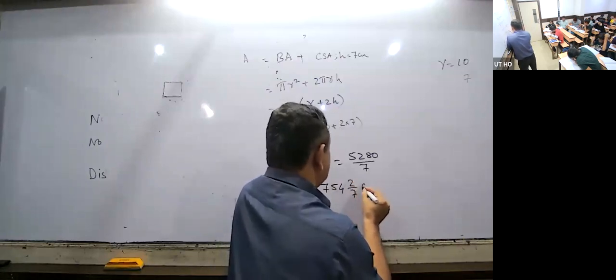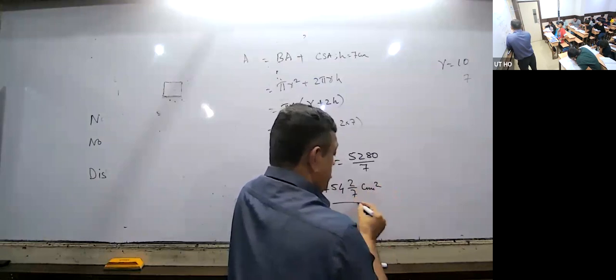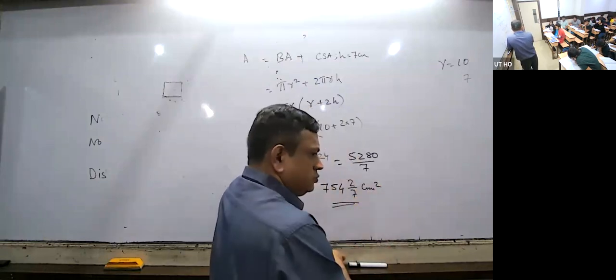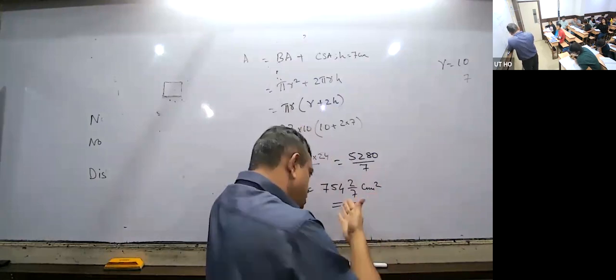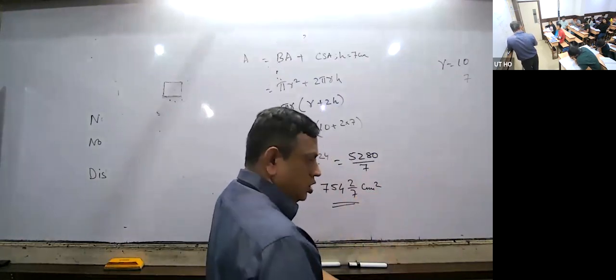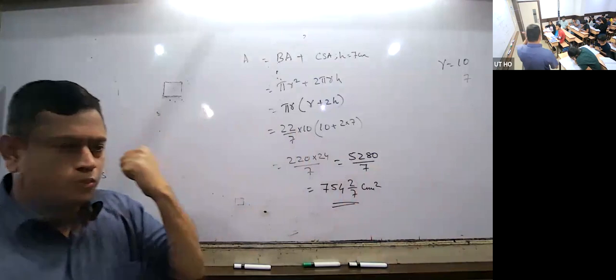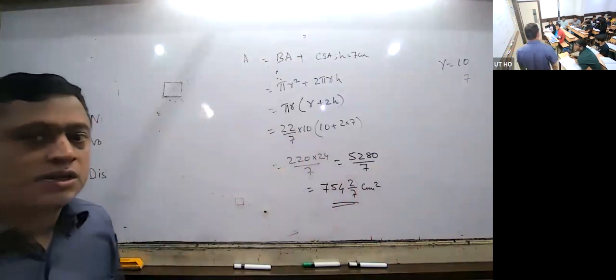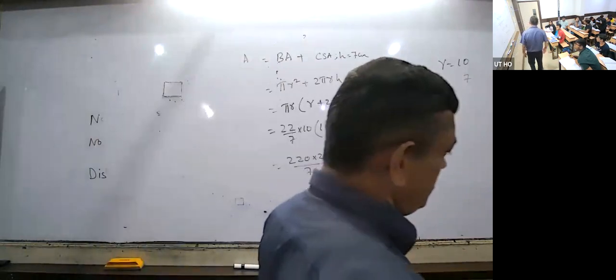This makes centimeter square. Do you want to make it decimal? Okay, no problem, make it to 2 places. The mixed fraction is done. The recurring ones we can make a mixed fraction.